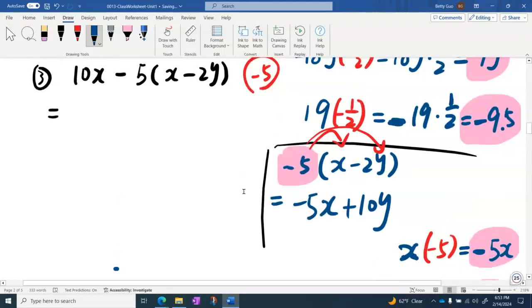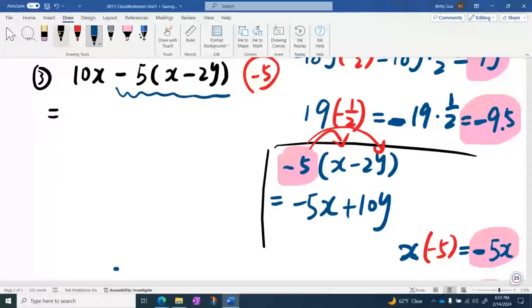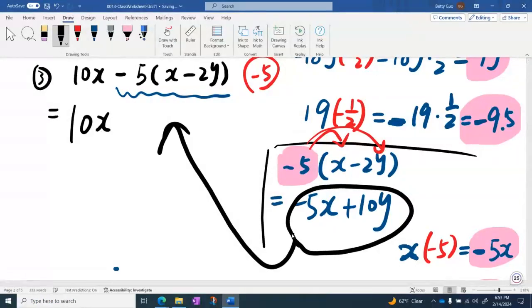That's this part, and you can put it back. Remember, we still have 10x in front. Bring it down. It doesn't disappear. 10x, and then you put this back.